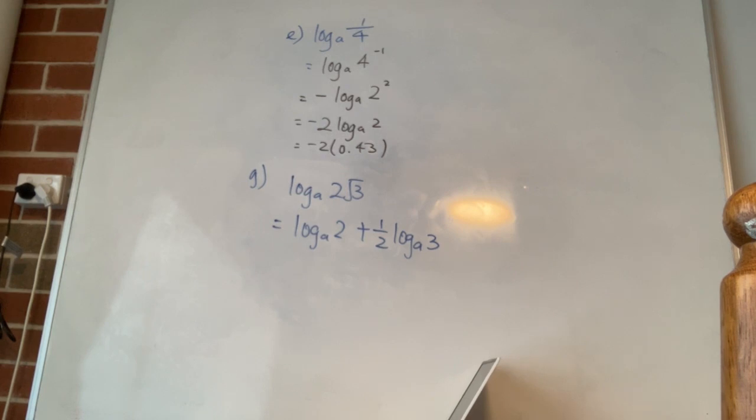And then where can the square go? To the front. So we have log a of 2 plus. And what is log a of 2 give you? Yes, that's right, sub it in. Good.